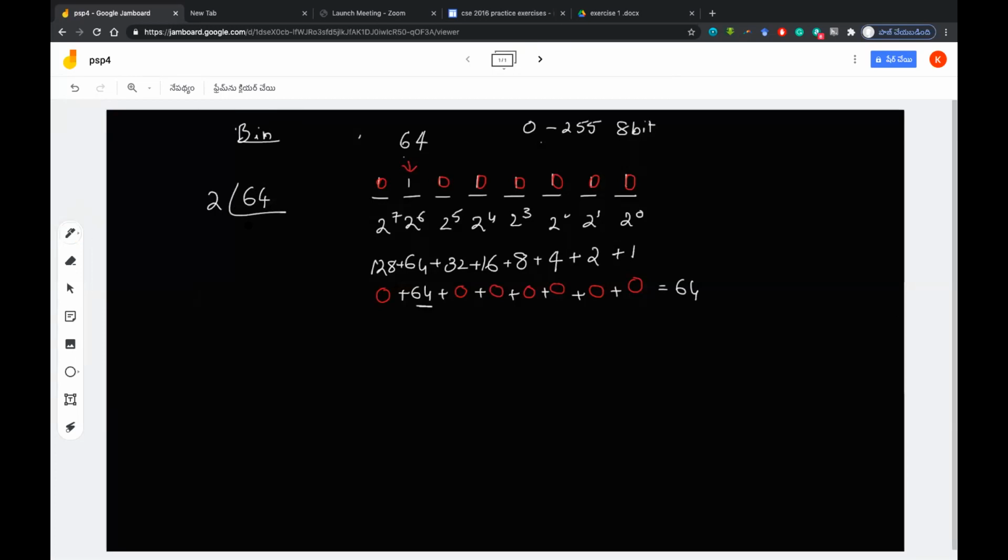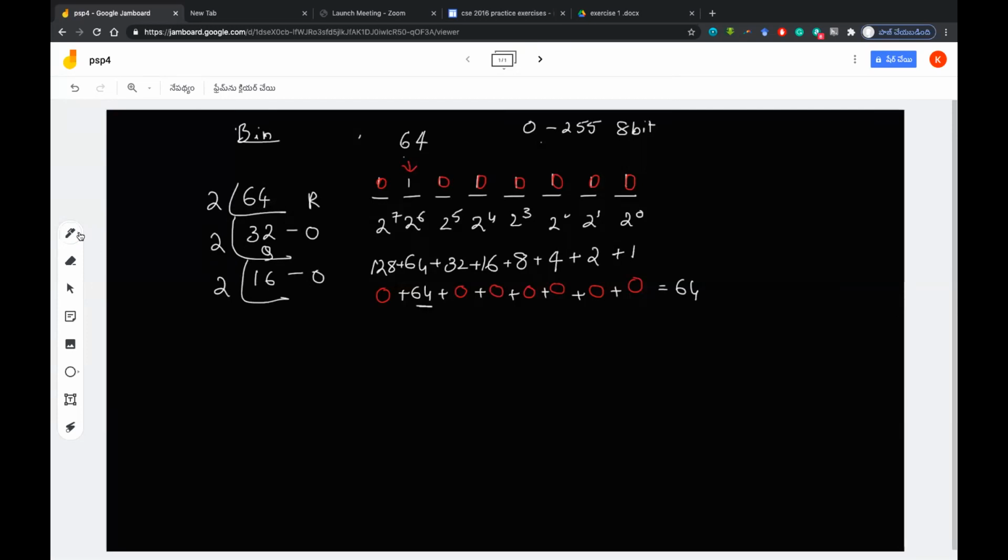If you divide 64, you will directly get 32, and the remainder is 0. The next thing I will do is divide by 2 again. How much is 32? It is 16, the remainder 0. These are called remainders, and this is the quotient that you will get.